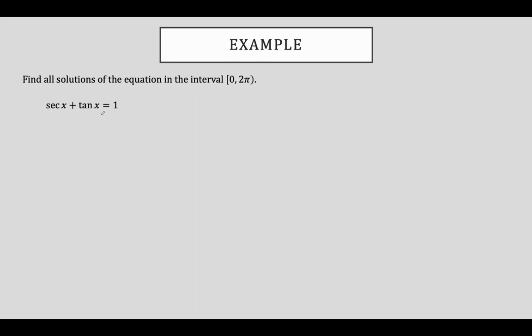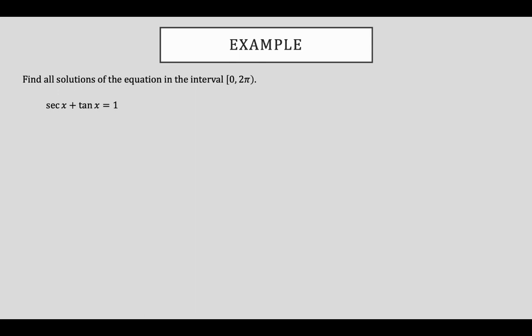And we can't write secant in terms of a tangent, and I can't write tangent in terms of a secant. There's no way to rewrite it in terms of a single trig function, and there's no common factor either that we can factor out. If that's the case, this might be a scenario where we want to square both sides.